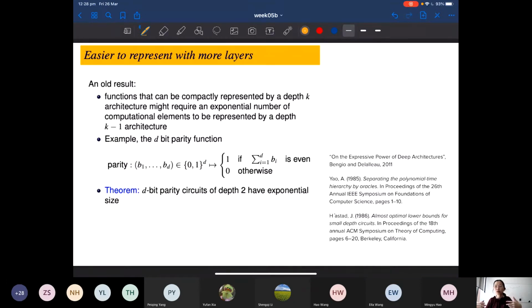So again, one example that may help us build some intuition for this result is to assume we would like the d-bit parity function, where for an input binary vector of length d, we would want to compute the parity bit, where the parity bit is basically 1 if there is an even number of ones in the vector, and 0 otherwise.